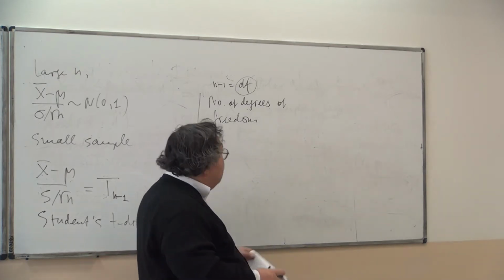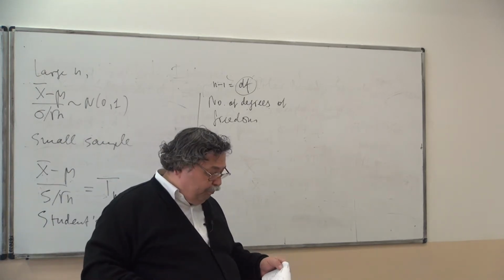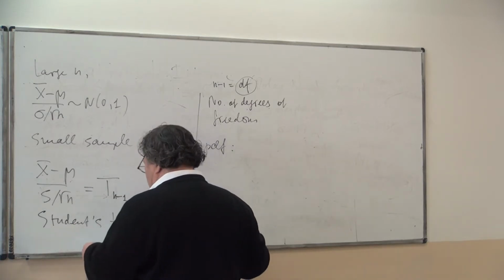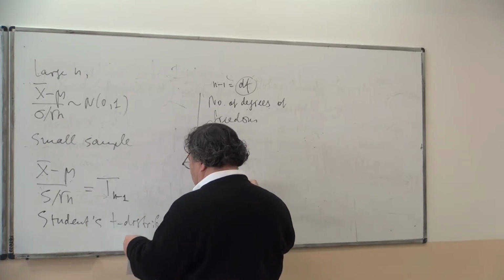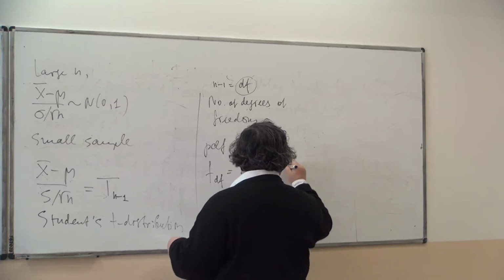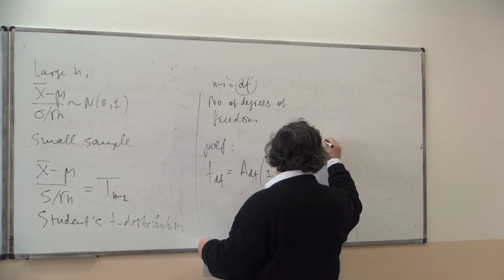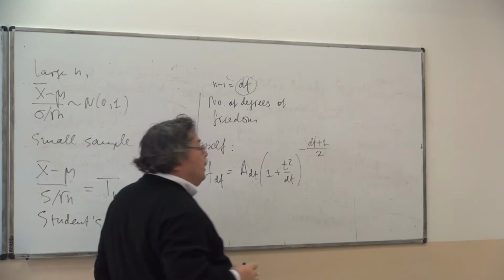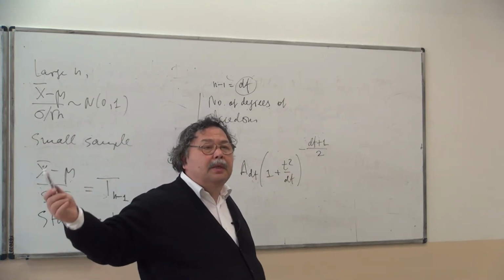All right. Now, what kind of distribution is that? Let me write it this way. PDF. So again, df is just a number, such as 1, 2, 3, and so on.